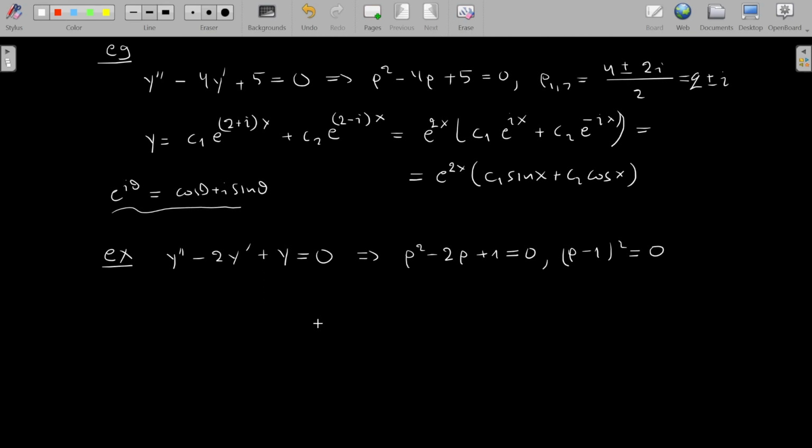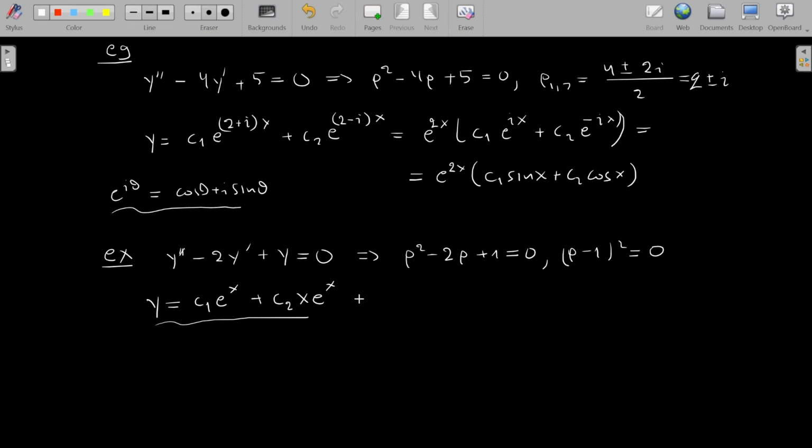And in this case, we go ahead and write the solution like we said it would be. The first solution, which is e to the minus x, plus the second solution, which is x times this. And this is the full solution to this differential equation.